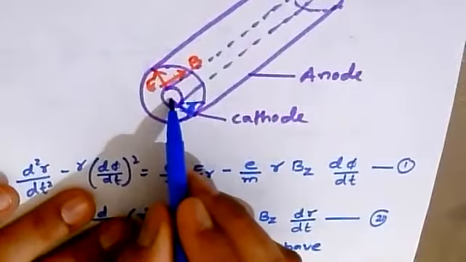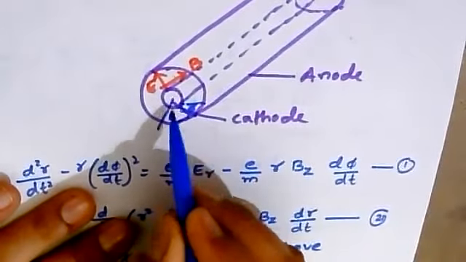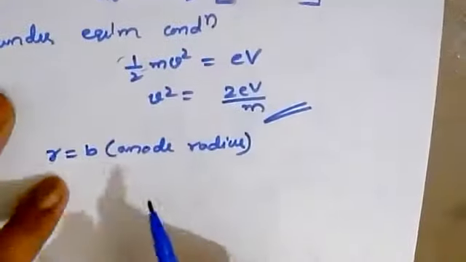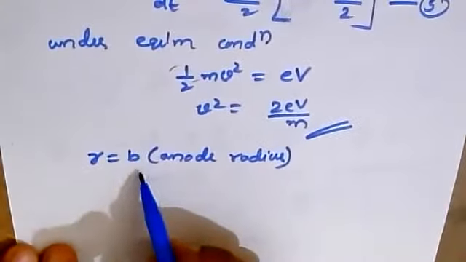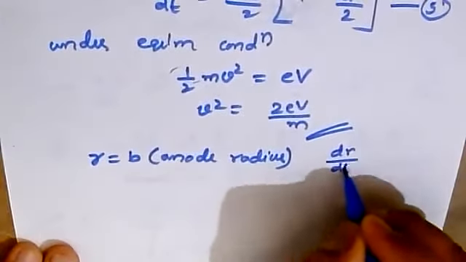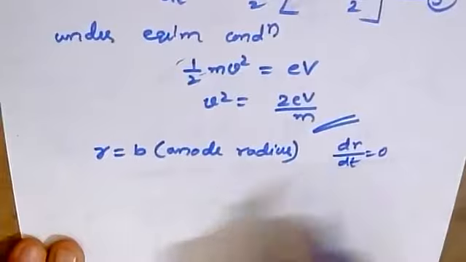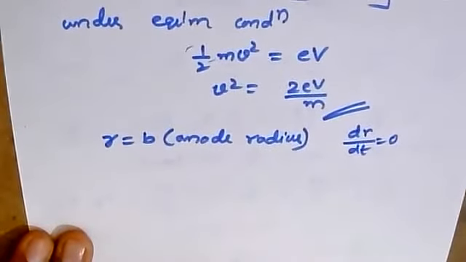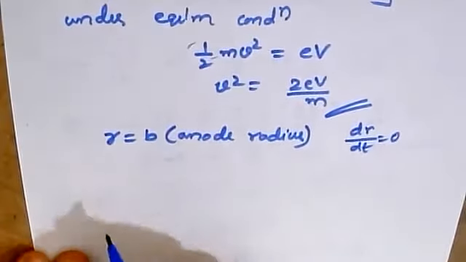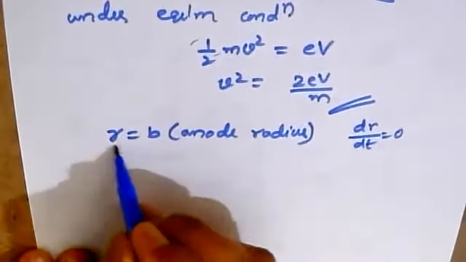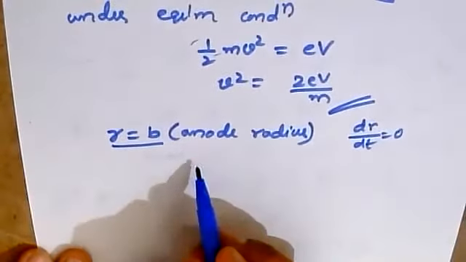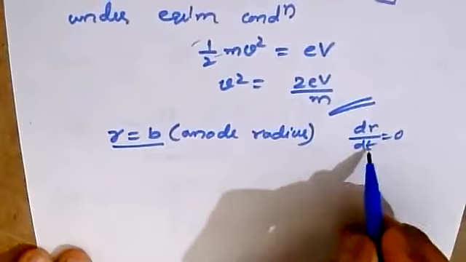This is the radius which is taken as B, and this is taken as radius A. Whenever we take the radius R is equal to B over here, it has been found that the value of dr by dt is not changing, as this has been approximated to be equal to 0. The radius is from the center of the cathode to the edge of the anode. Towards the anode, it is nothing but R is equal to B. And as it is grazing the surface, that is why I am taking dr by dt equal to 0.